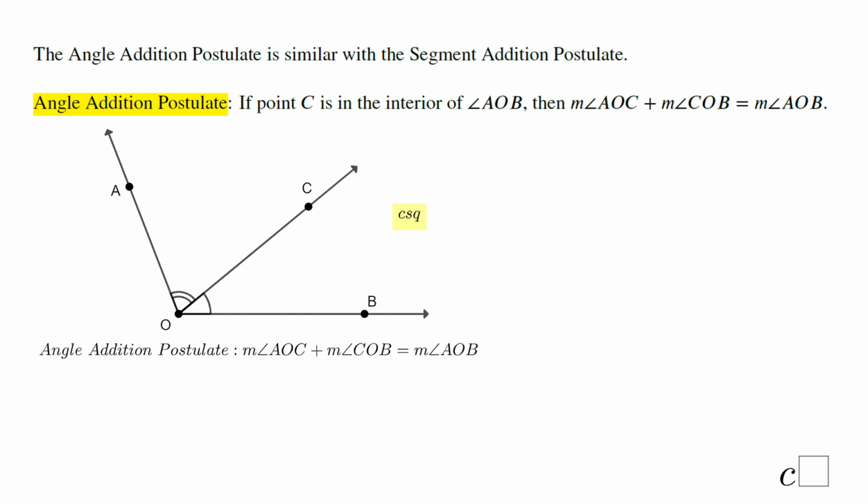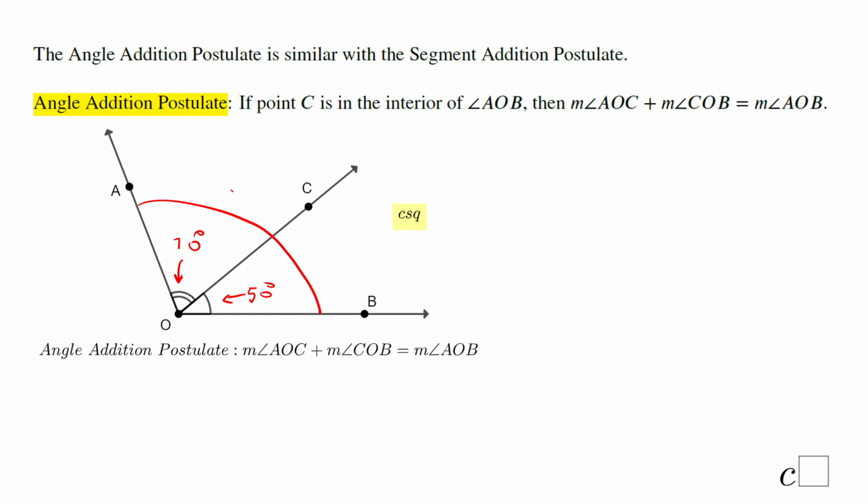We have something that is called the angle addition postulate, very similar to the segment addition postulate, which I presented in a different lesson, which means what? If this angle is 50, for example, and this angle is 40, how much will be this angle? That will be 40 plus 50. And of course, my picture is not accurate, so let me change the numbers a little bit to make more sense. So let's say that angle is 70 and this angle is 50.